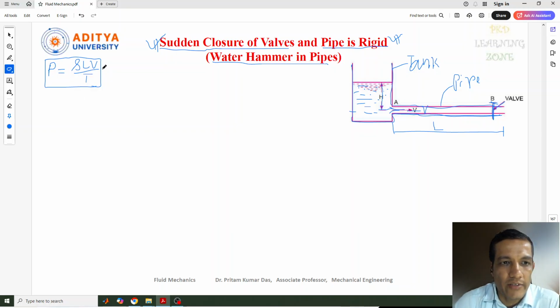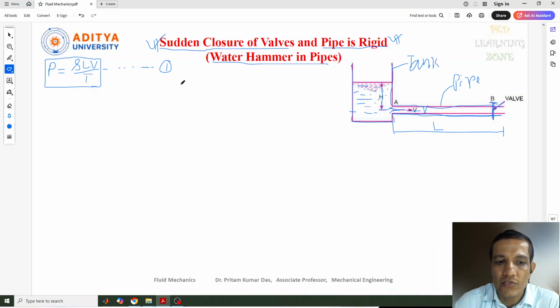The equation we derived in our last lecture defines the increase of pressure due to water hammer in the pipe, and it depends on the time required to close the valve. Some time will be taken to close the valve, suppose 1 second, 2 seconds, 3 seconds, 5 seconds, 10 seconds.